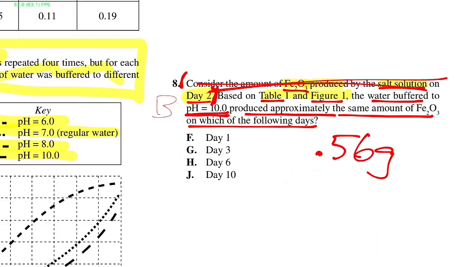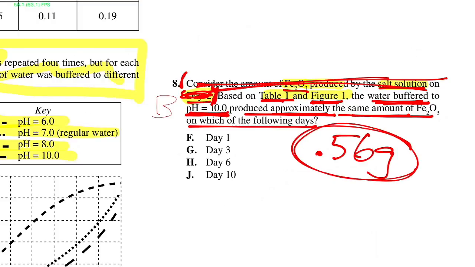So that's basically done. So now the question is, based on Table 1 and Figure 1, the water with a pH of 10.0 produced approximately the same amount, meaning it produced about 0.56 grams of rust on which day?